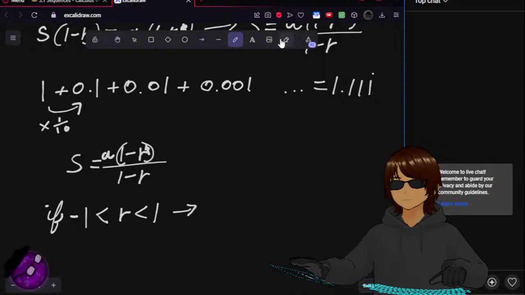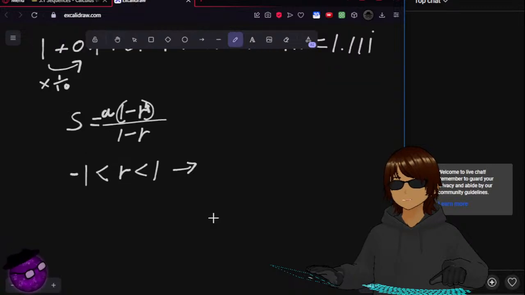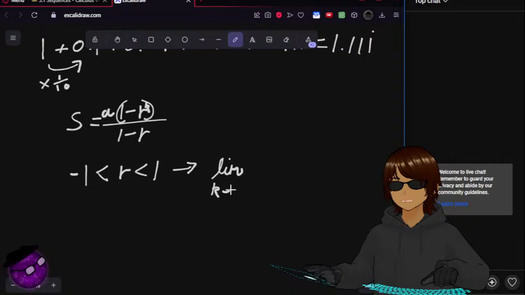Then the limit as k goes to infinity of s would be: in this equation, k only appears here as the power of r.